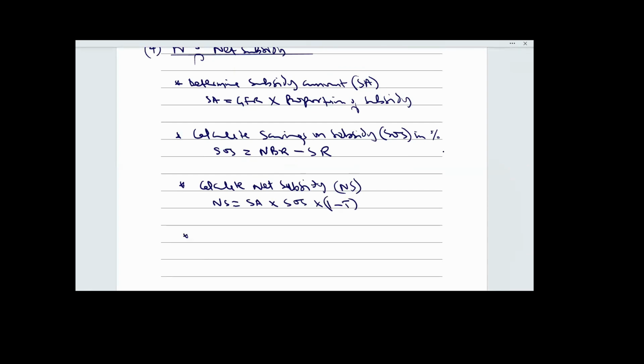Then step 4 is to calculate the present value of net subsidy. So the present value of net subsidy, PV, will then be equal to the net subsidy multiplied by annuity factor.